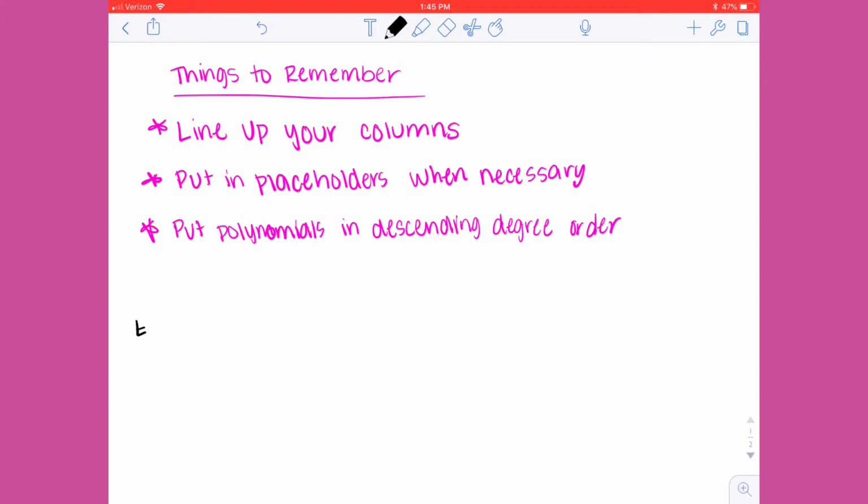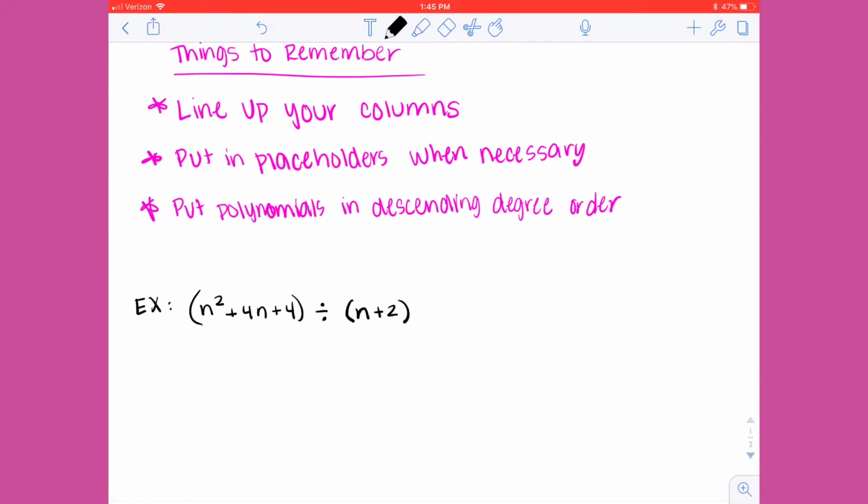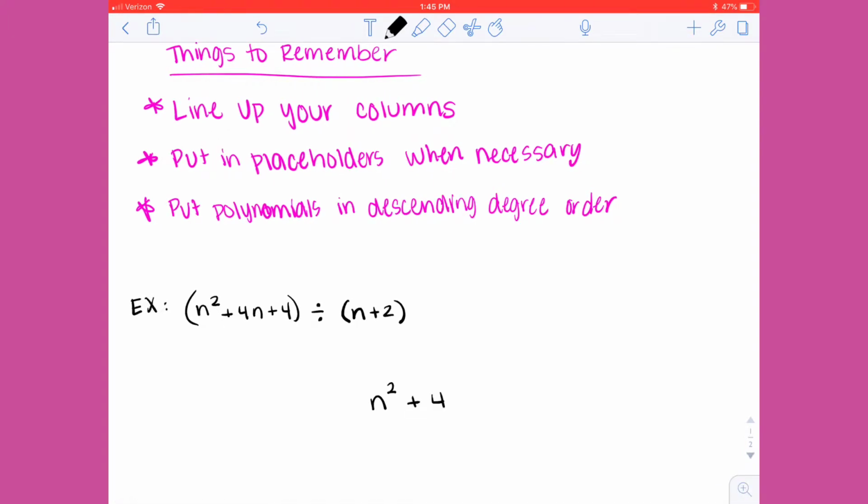So let's say my first example is the polynomial n squared plus 4n plus 4, and I want to divide that by the binomial n plus 2. I'm going to set up my problem: n squared plus 4n plus 4, divided by n plus 2. I look at my things to remember and ask myself, have I lined up all my columns?